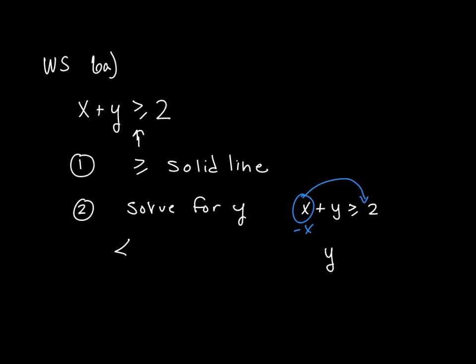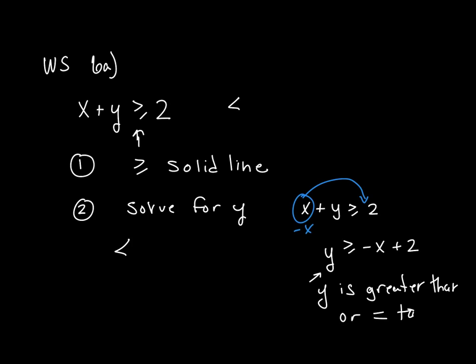So now I'm left with y is greater than or equal to negative x plus 2. And the reason I solve for y is I always want to know on this side if y is greater than. And again, this just means y is greater than or equal to that line.